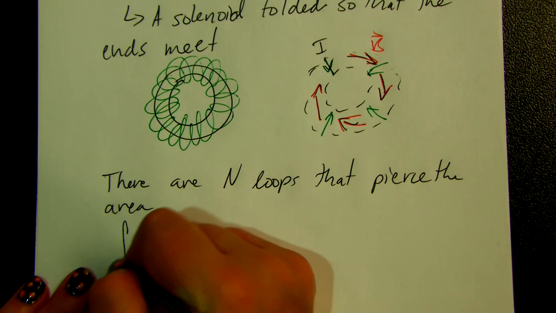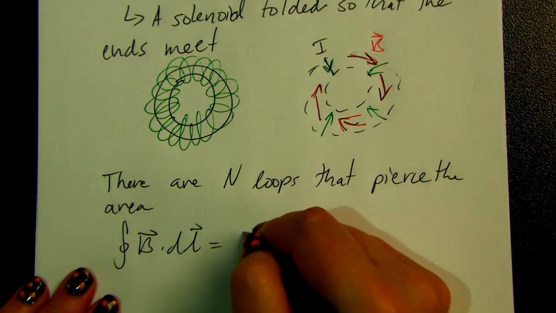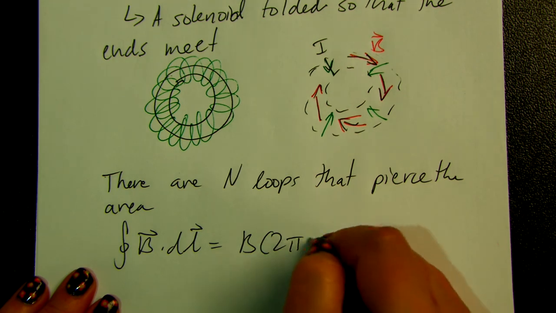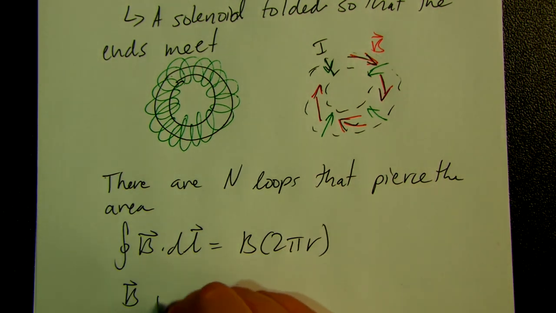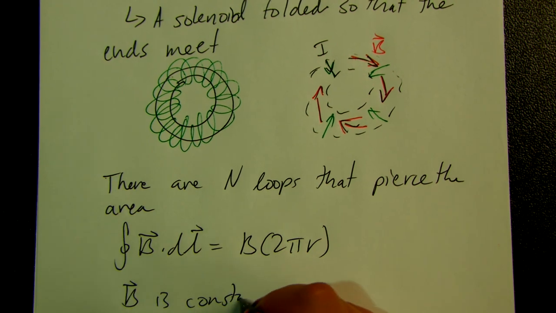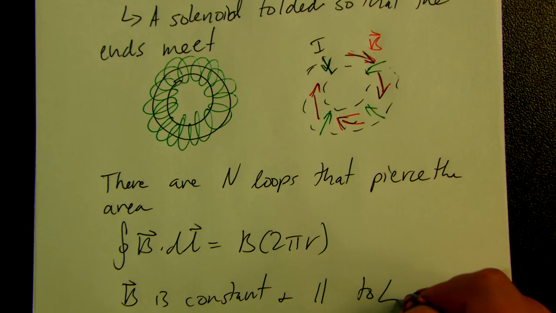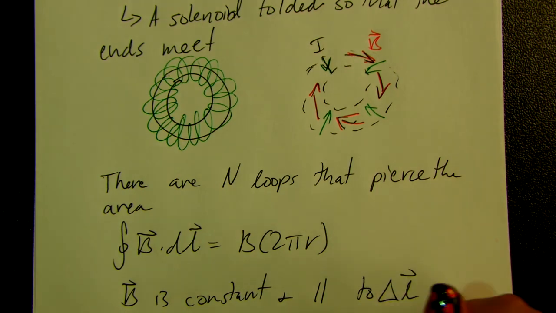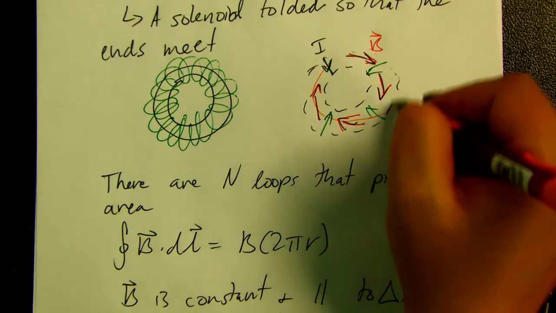So you have B dot dl is equal to B times 2 pi r, so you're still walking in a circle. B is still constant and always parallel to delta L, and it's a circle. So basically we've just gone for a little walk right through there.